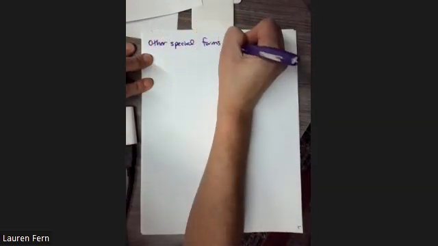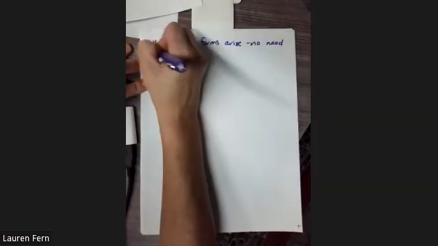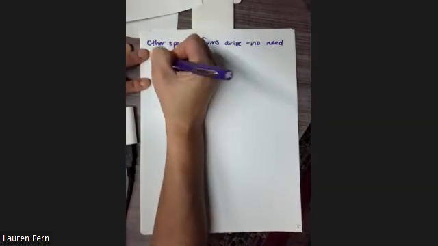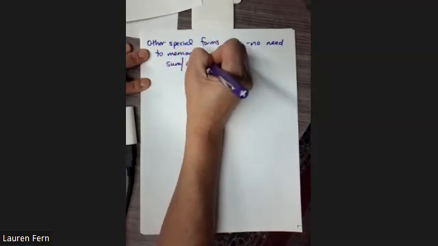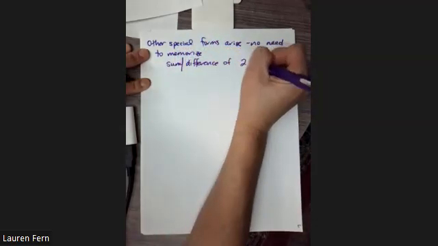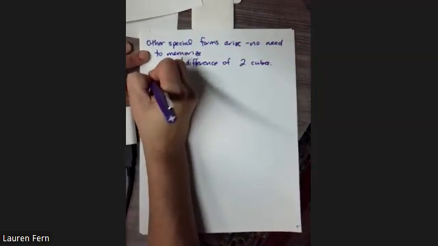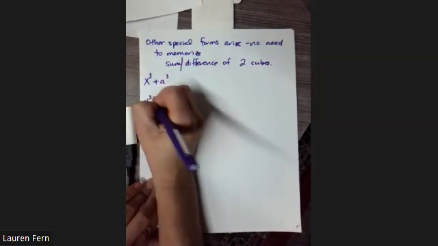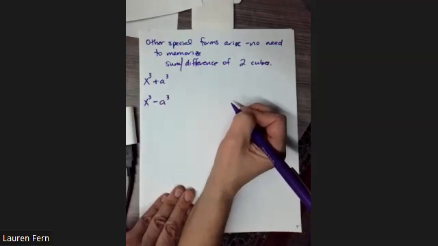But there's no need to memorize. Okay? And this is the sum and difference of two cubes. In other words, if you're adding two things that are being cubed or subtracting two things that are being cubed.